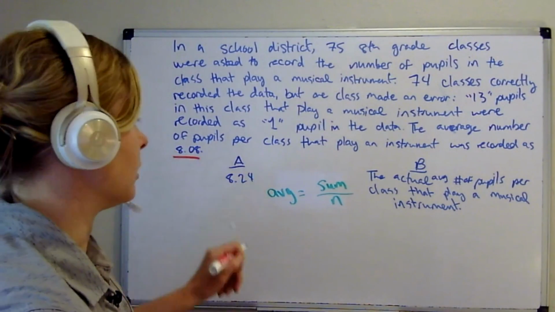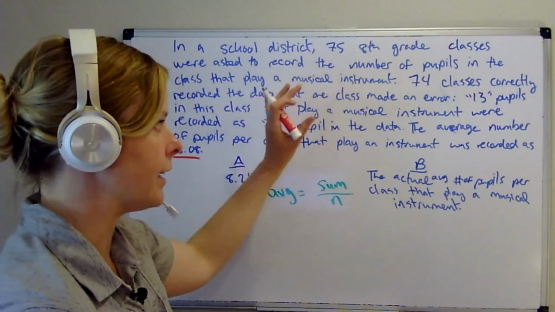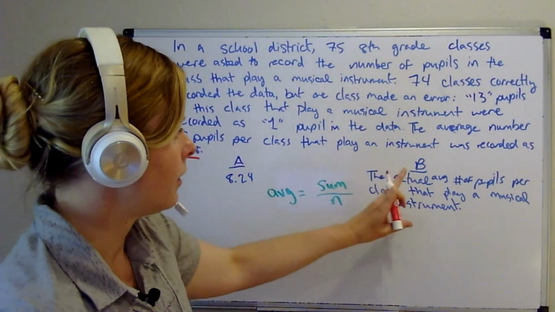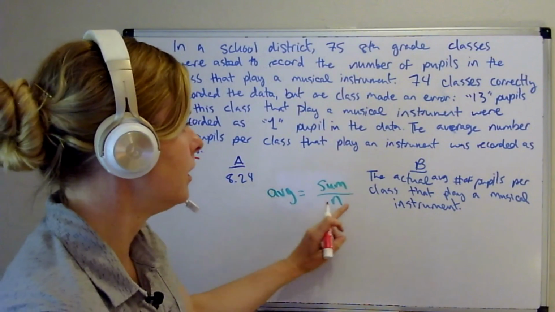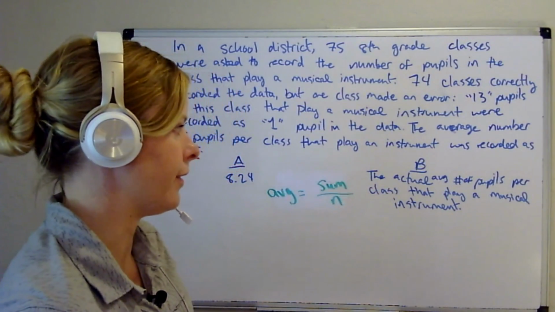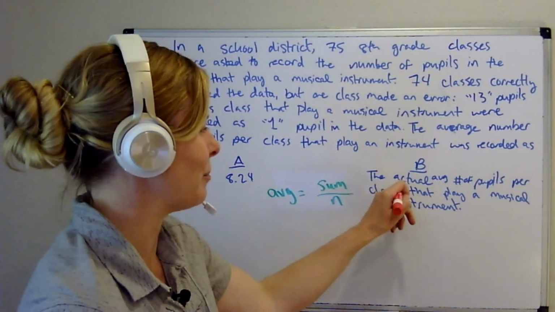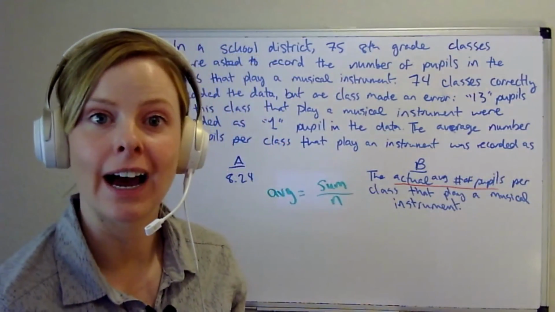This 8.08, that is an incorrect average, right? We've got an error in our data and we're ending up with this incorrect average. Then in our comparison, we're going to be asked to compare a number to the actual average of the number of pupils per class that play a musical instrument. Kind of a mouthful. So this average is going to be then our correct average that we're dealing with.